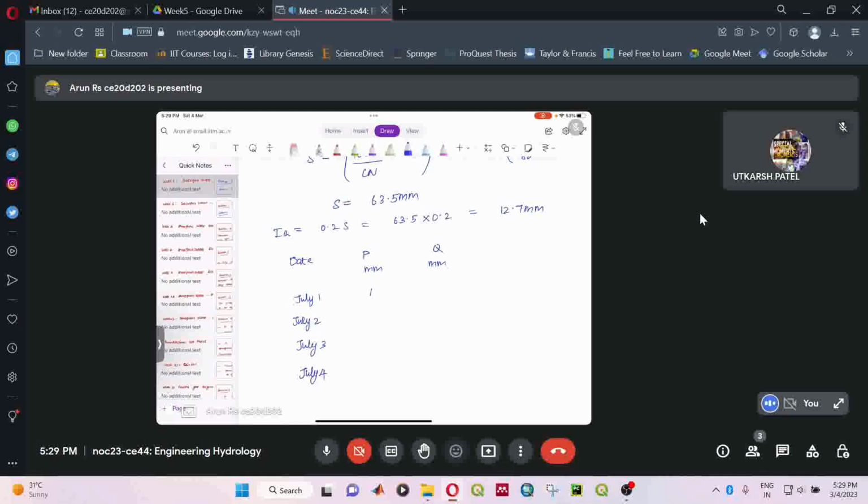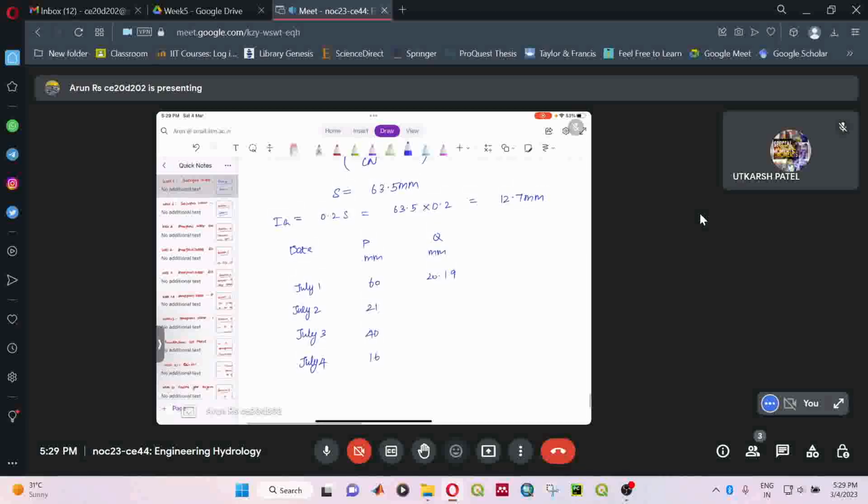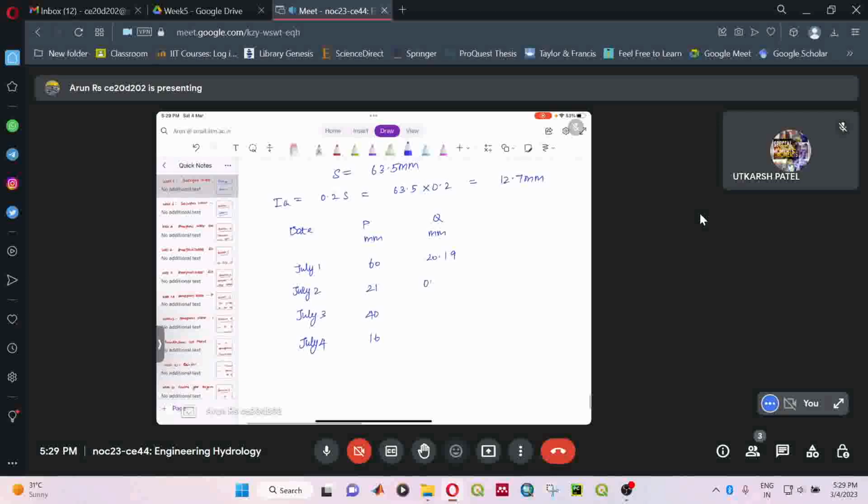So precipitation is 60, 21, 40, and 16. And if you compute, for this case, your precipitation is greater than 12.7 in all the cases. So all events will generate runoff.